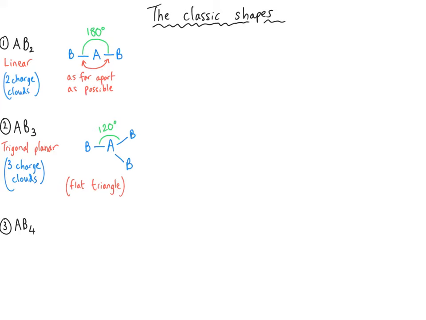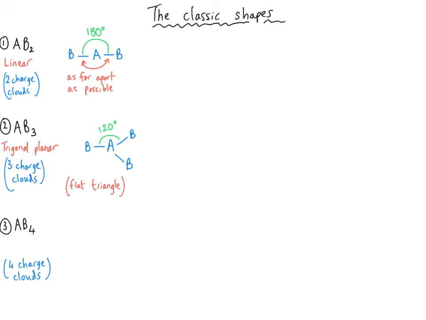The third one, though, does start to need it. And this is when we've got 4 pairs of electrons and we've got 4 atoms bonded to a central atom. We would be forgiven for thinking it would be 90 degrees, because 360 divided by 4 is 90 degrees. That's how far apart they could get in 2-dimensional space.